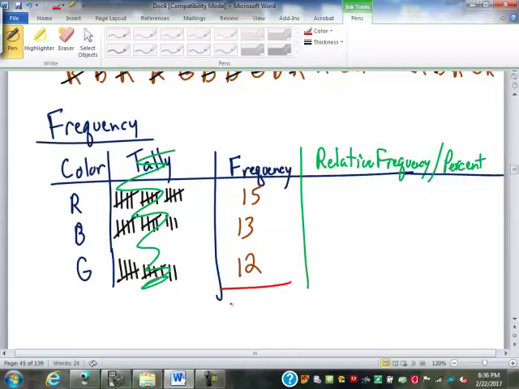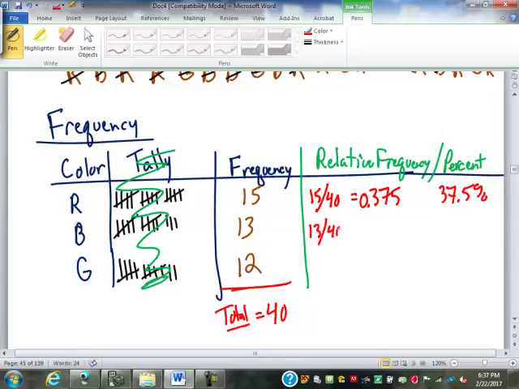To define the relative or percent frequency, the first thing you have to do is find the total. The total here, if we add these up, is 40. So the relative frequency, you take the frequency divided by the total. 15 divided by 40 is going to be 0.375, or 37.5%. 13 divided by 40 is going to be 0.325, or 32.5%.